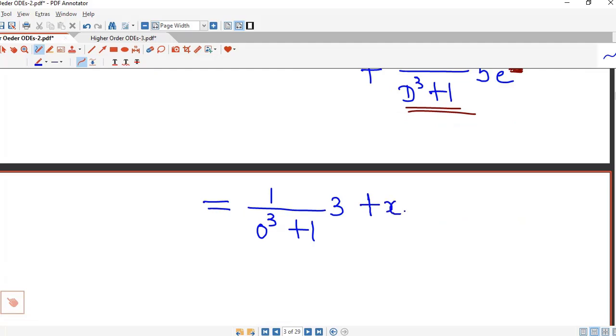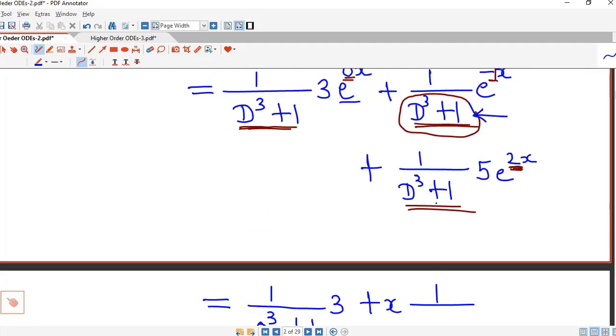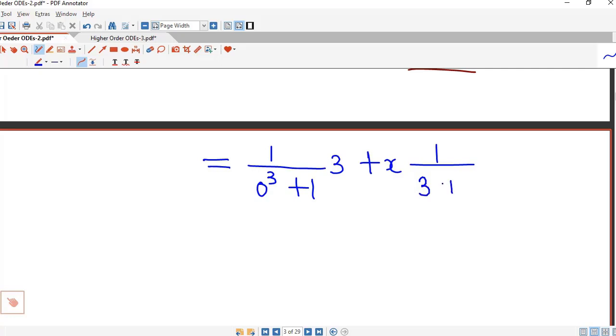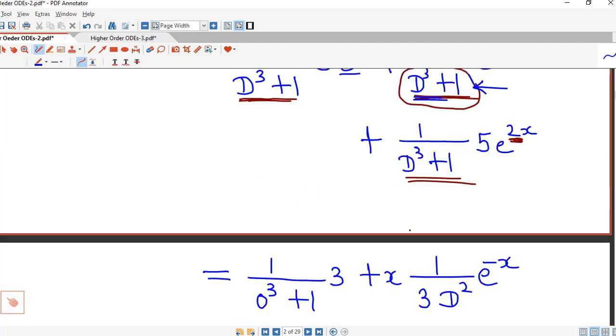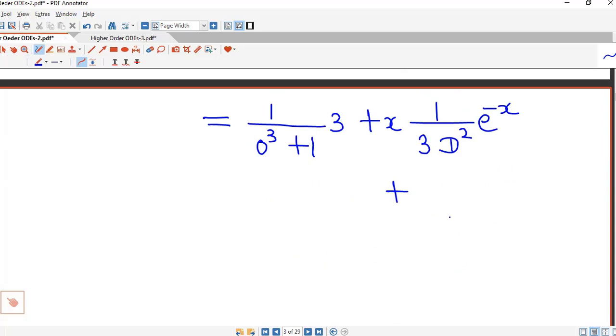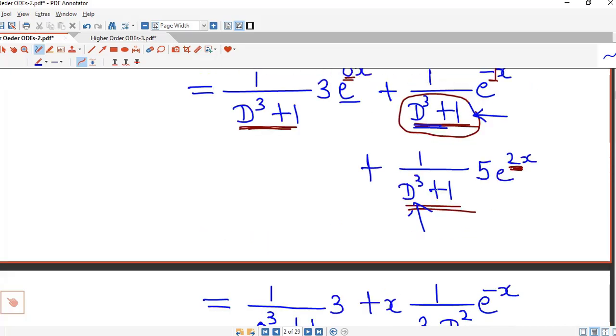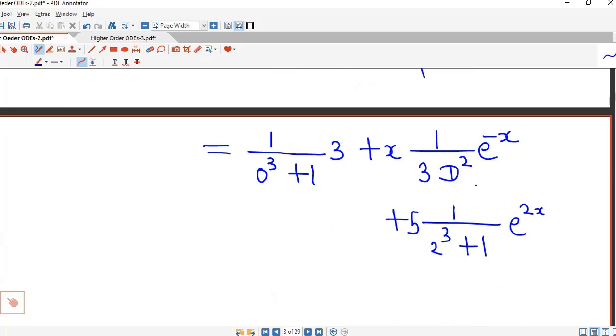So here plus x times the derivative of d cube plus 1 with respect to d, that is going to be 3d square, and e raised to minus x. So here we write 3d square e raised to minus x, plus, here we put d equal to 2, so 1 over 2 cube plus 1 and e raised to 2x, and the constant 5 can be taken outside, 5 into 1 over 2 raised to 3 plus 1 e raised to 2x.